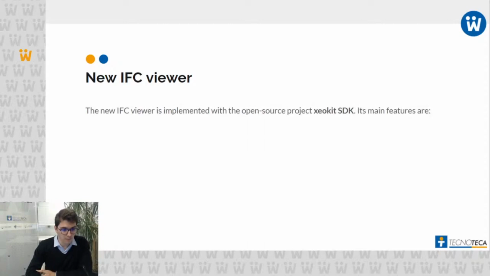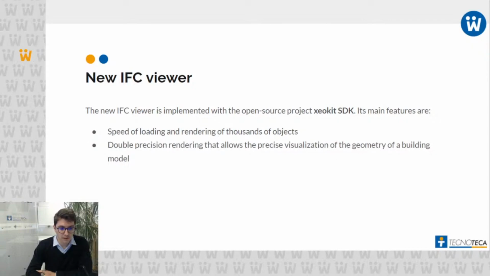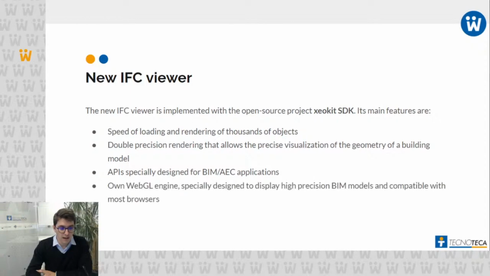The new IFC viewer is implemented with the open source project XeoKit SDK, and its main features are speed of loading and rendering of thousands of objects, the double precision rendering that allows the precise visualization of the geometry of a building model, APIs specially designed for BIM and AEC applications, and a WebGL engine specially designed to display high precision BIM models and compatible with most browsers.